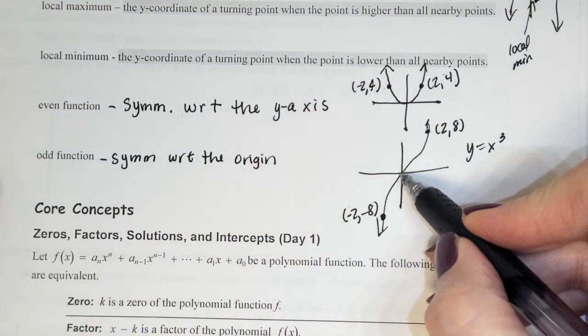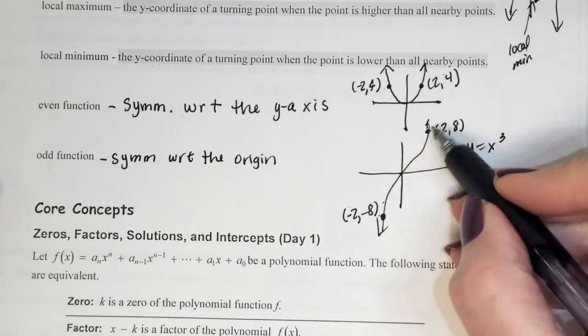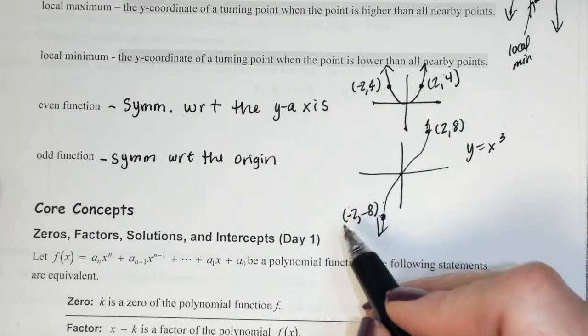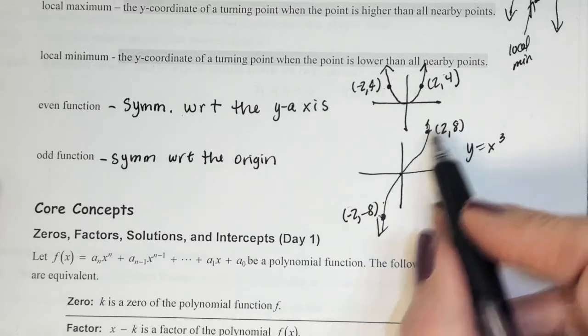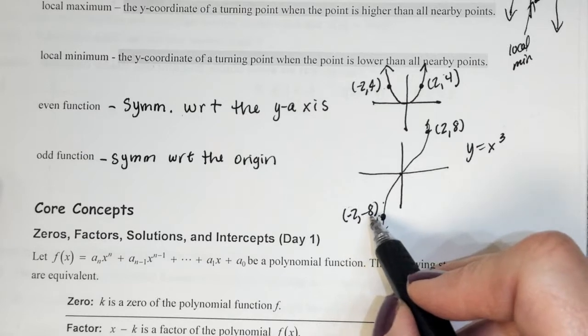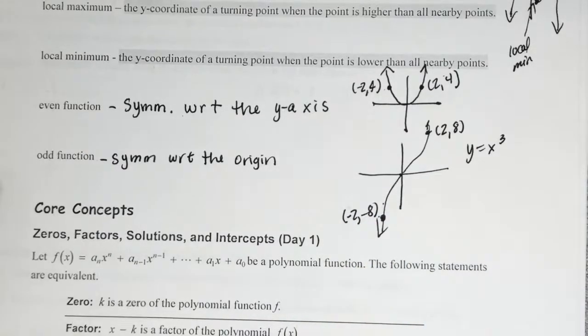Here's the origin. When it's symmetric with respect to that, I get this point. So when I take this 2 and make it a negative, my output is the opposite. When I put in -2, I get out -8. Tim? True. Yep. Y equals -x will be another odd function. Yep.